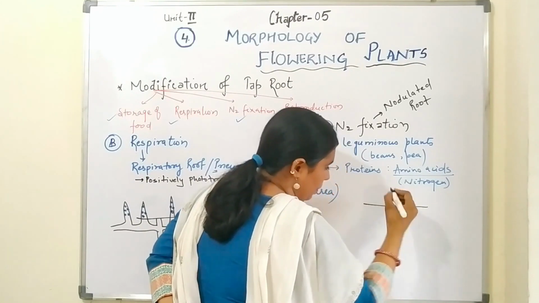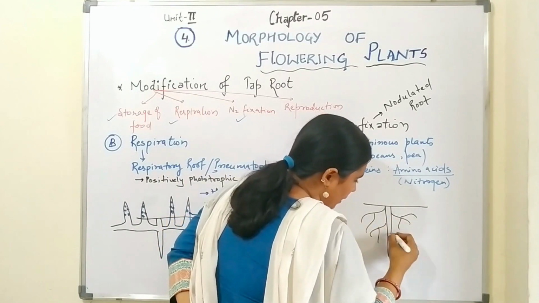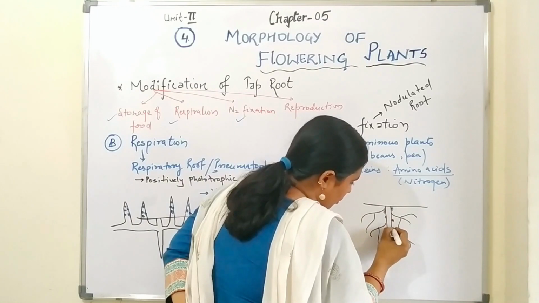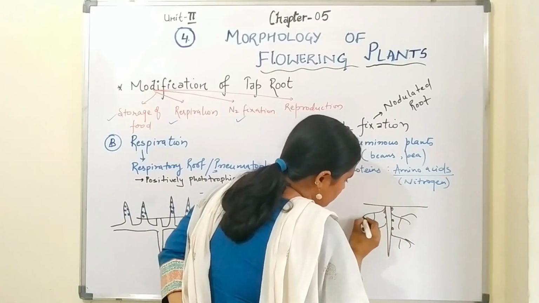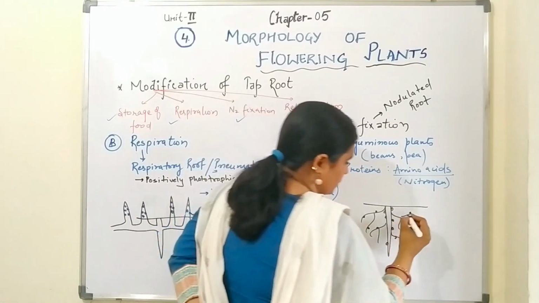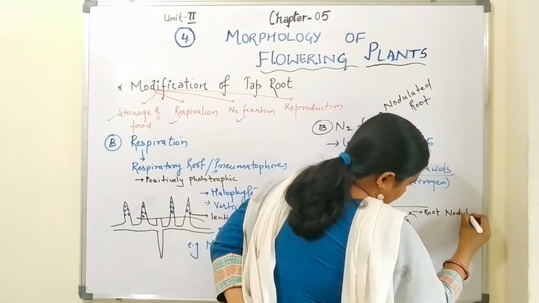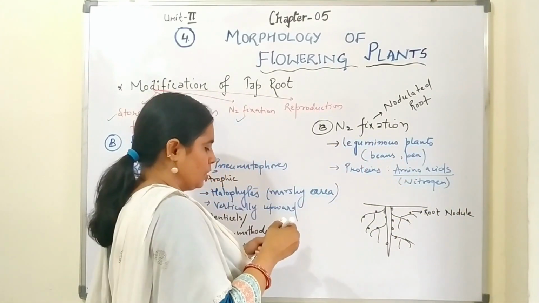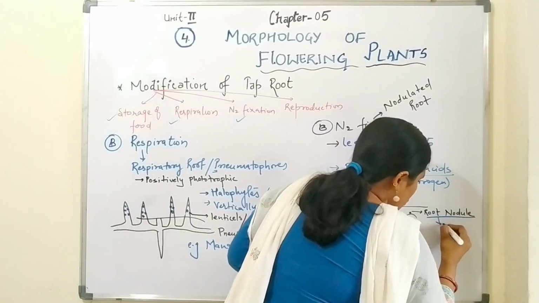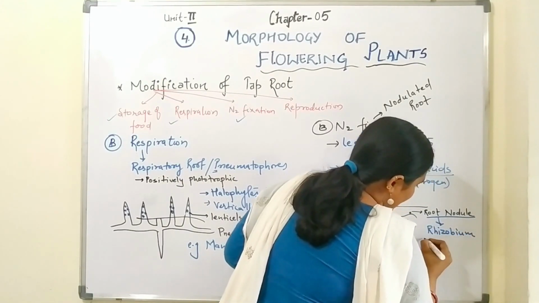So here you will see primary root, secondary, tertiary roots are coming, and you will see dotted, bead-like structures on the roots of the leguminous plants, and these are root nodules.